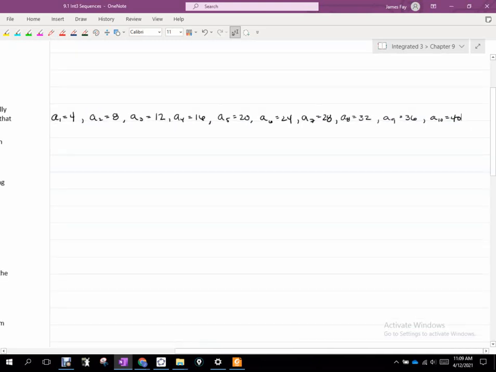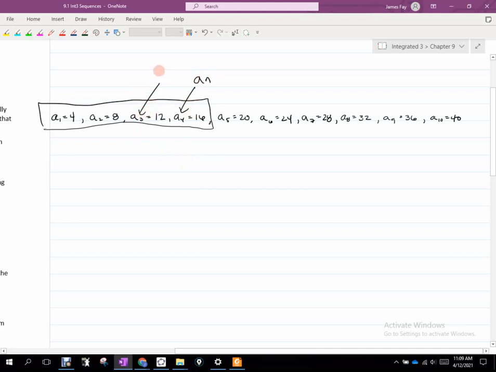If I looked at these and I said, okay, would you guys agree? Let's just say we were looking at these first 4. If that is A sub n, does it make sense that that one is A sub n minus 1? And this is A sub n plus 1, right?